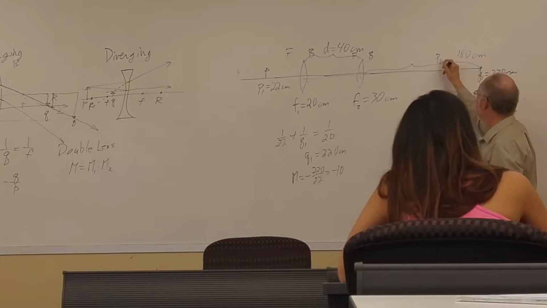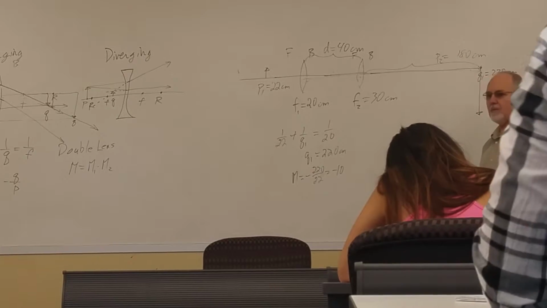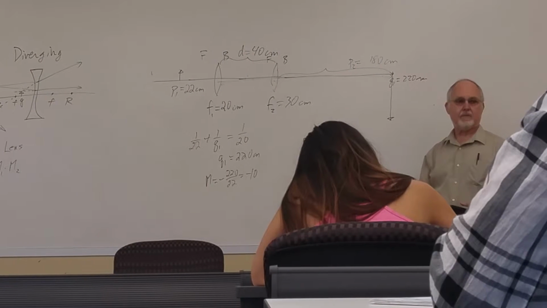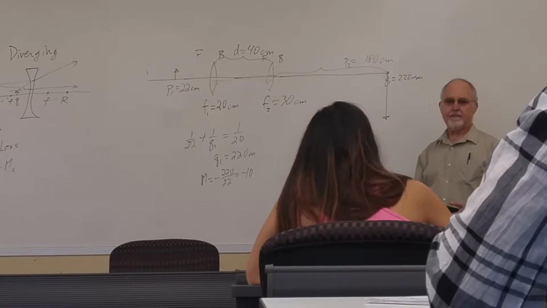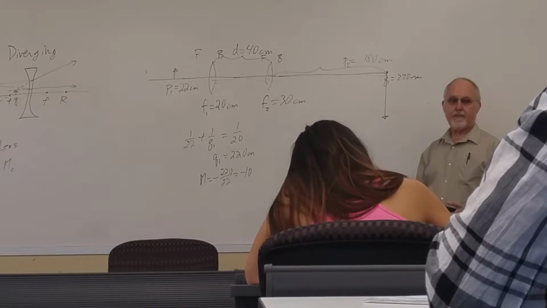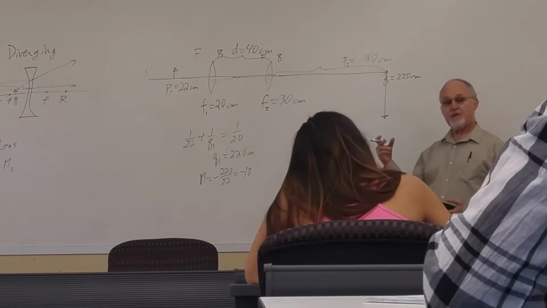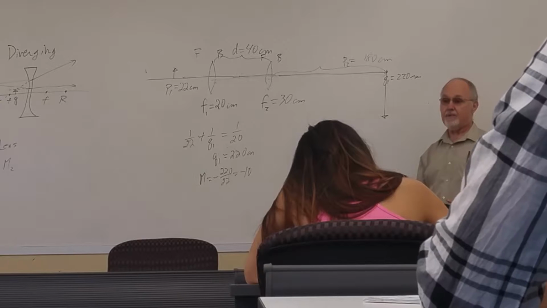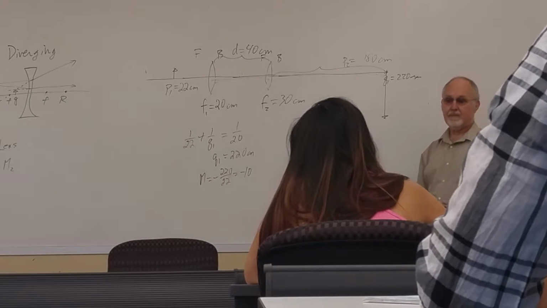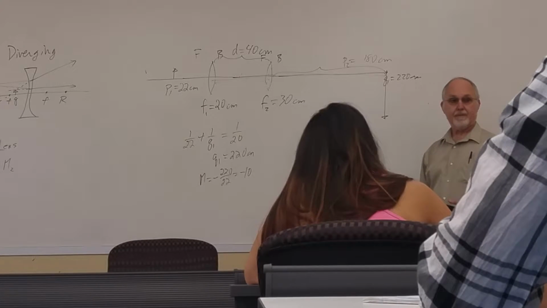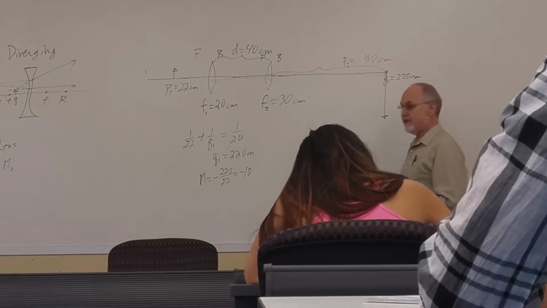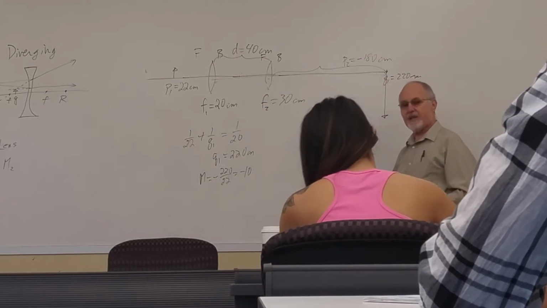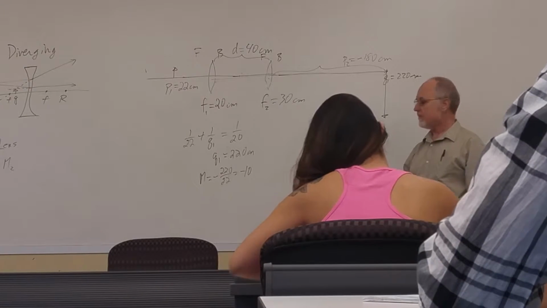So my P2 is going to be the 180, but which side of the second lens is it, front or back? The back, and so what's the sign if it's on the back side of the object? By convention, that's going to be a negative 180 for that second object distance.